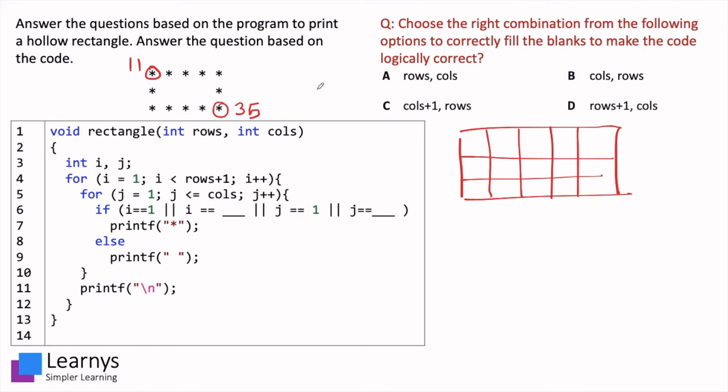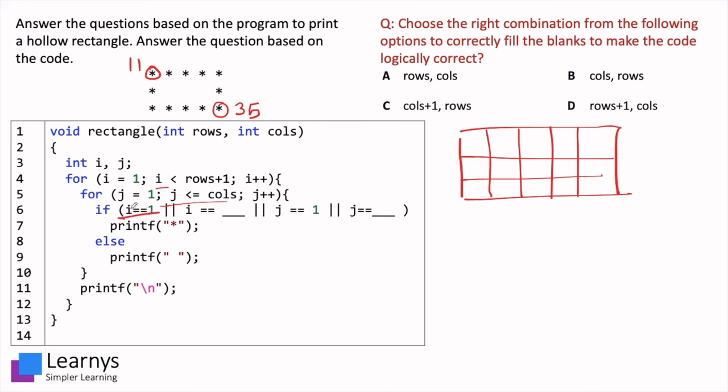Okay. This already has been done using these conditions. What has been asked of us is to fill in these blanks such that these particular columns and rows are completely filled. Let's examine what we are given.